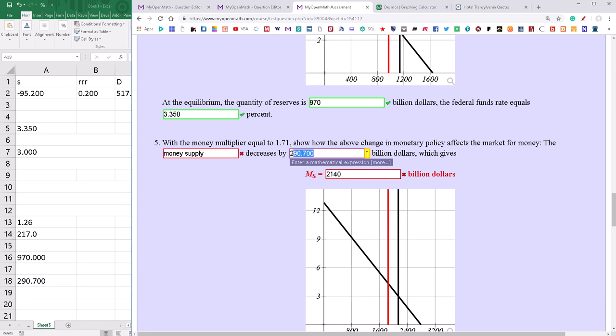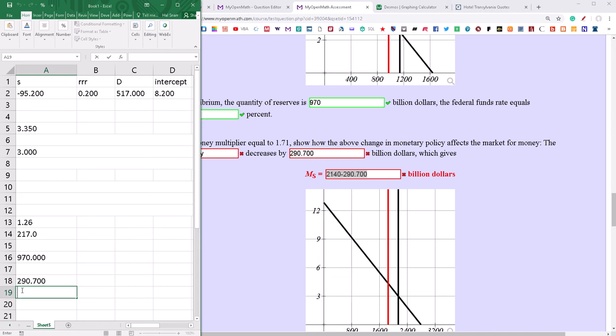We're going to reduce it by that amount. So when we reduce the old money supply by this amount, we get what? We get 1,849.3.